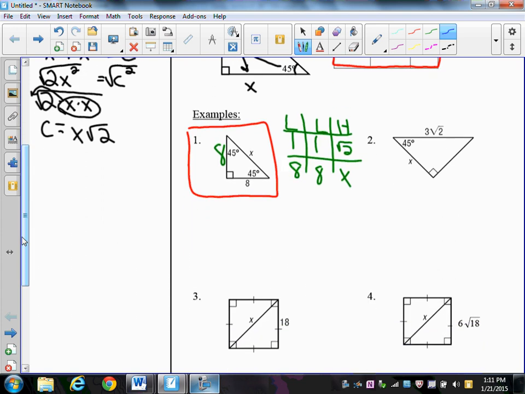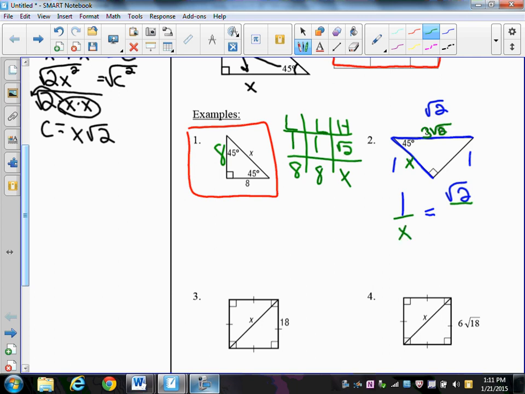So if we would do that for number 2, we have legs here, so it's 1, 1, square root of 2. So the sides I'm concerned with are these two sides right here, a leg and a hypotenuse. So we have 1, square root of 2, and we set it over our actual numbers here.